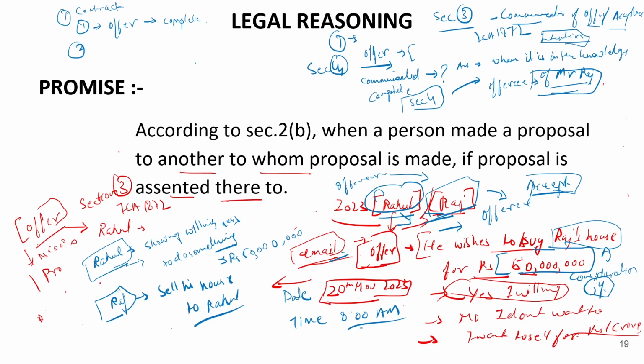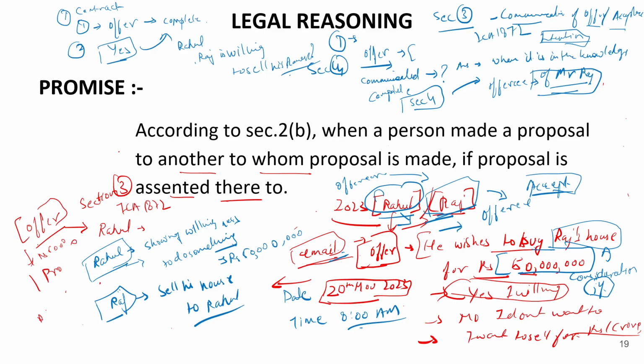So now Raj can say yes. And now again the question will be, how will Rahul come to know that Raj is willing to sell his house?